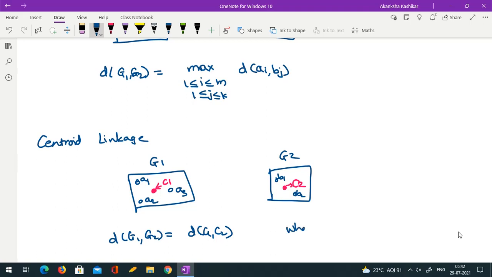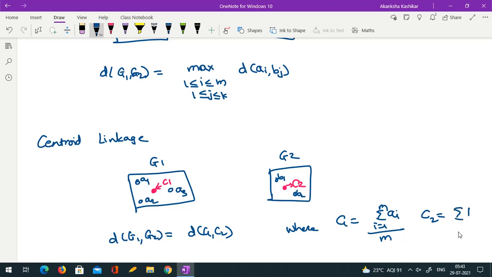So where C1 is equal to sum over AI, I going from 1 to M, upon M. So average, and by the way AIs can be vectors, right? Don't forget that. So whatever is the dimension of each AI, same will be the dimension of C1.